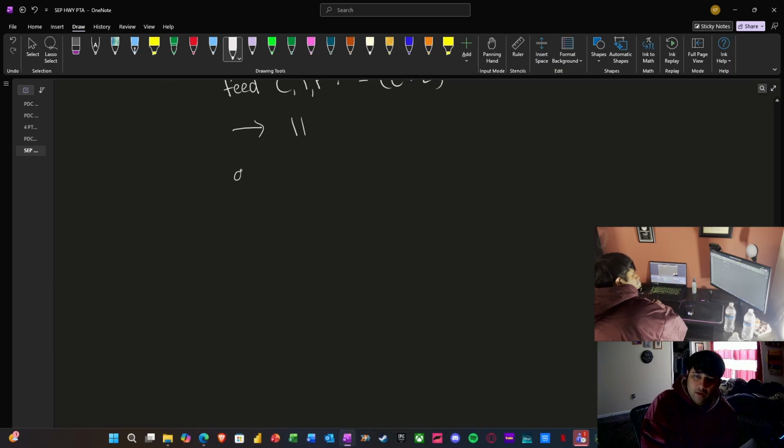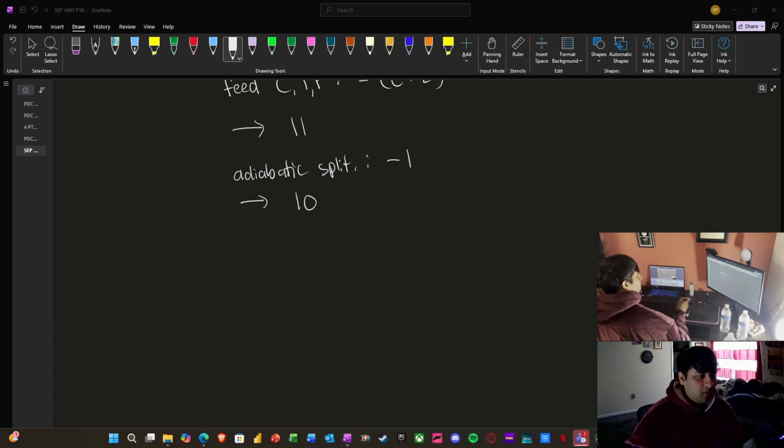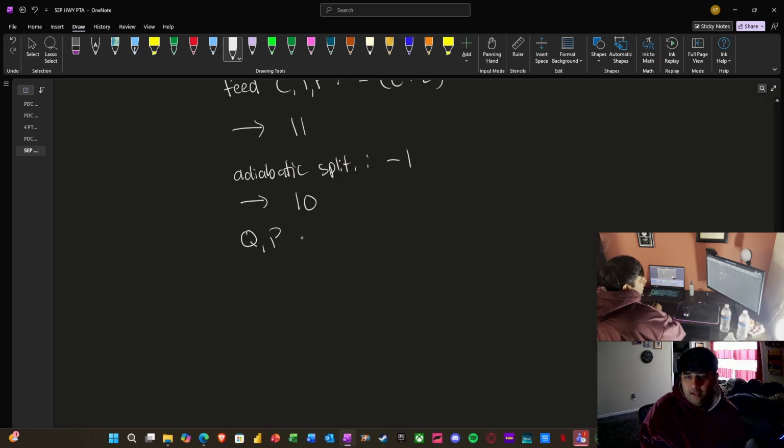If we consider an adiabatic splitter, we get negative 1, which is 10. And then if we look at our Q and P in our feed, we get negative 2, which gives us 8.